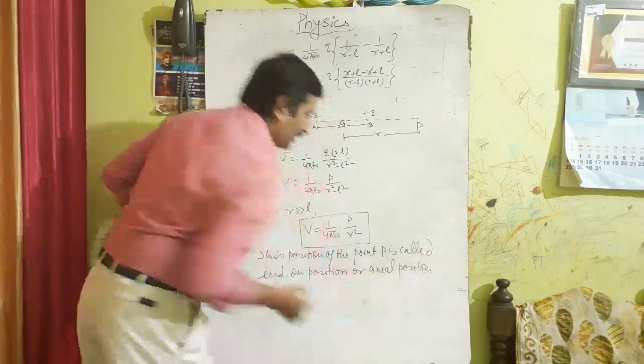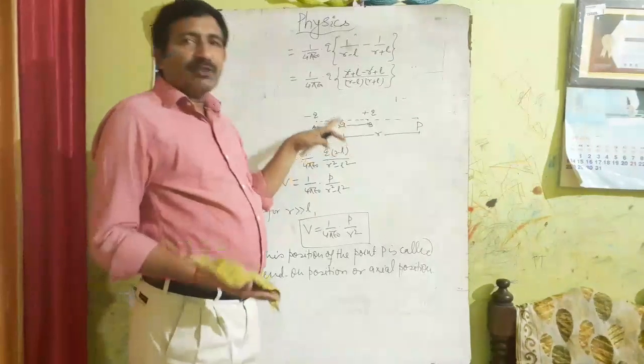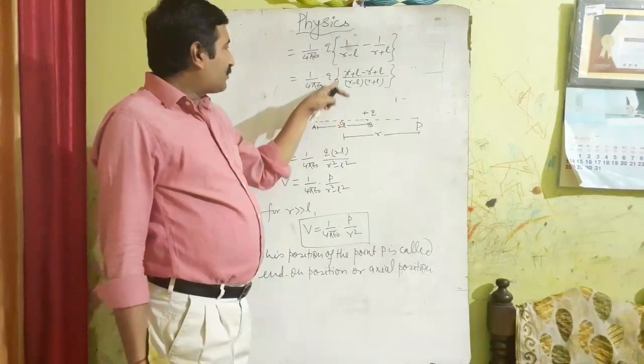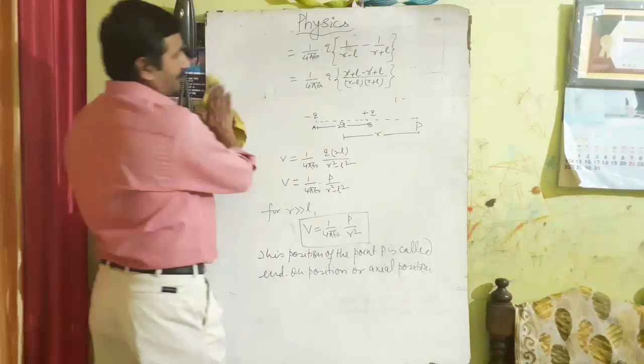Axial position. Understand? Okay, if you have understood this, now we will learn about the electric potential at a point on the equatorial line.